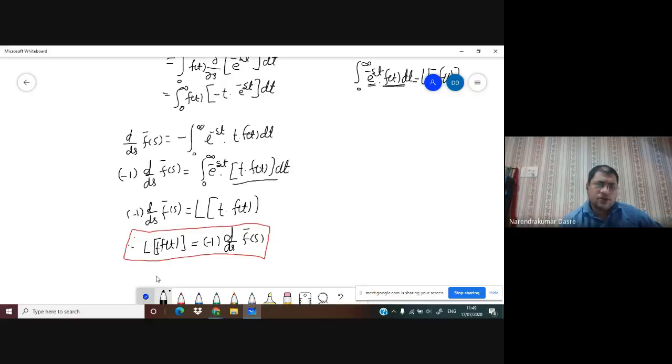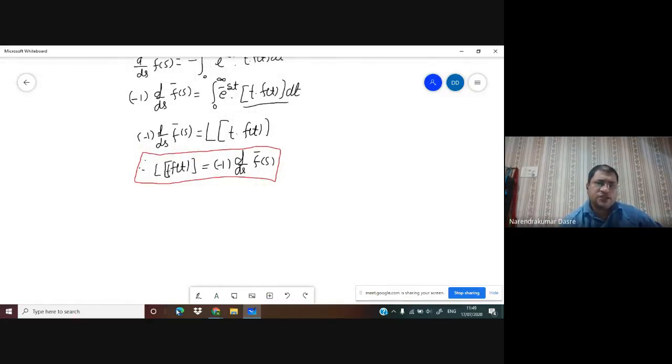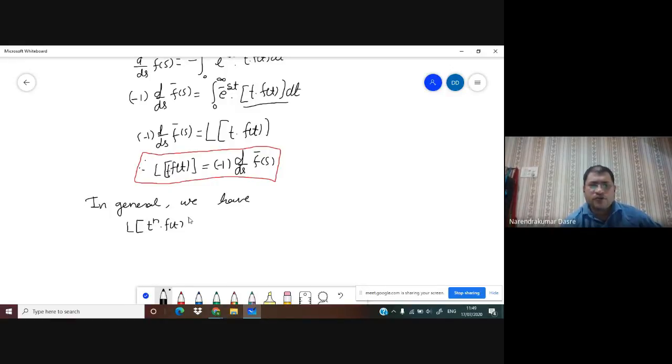So what happens if I again differentiate this? Okay, so let us differentiate this one more time. Then I'll have one more t here, one more minus 1 here, one more derivative here. So if I go on differentiating like this, then in general I'll be having the Laplace transform of t raised to n into f of t.